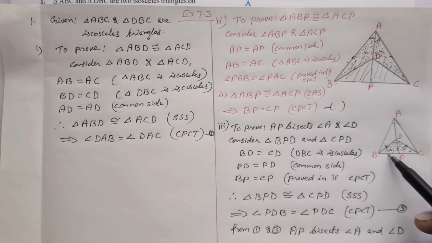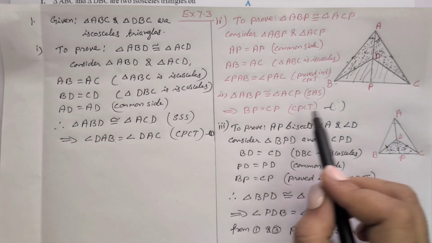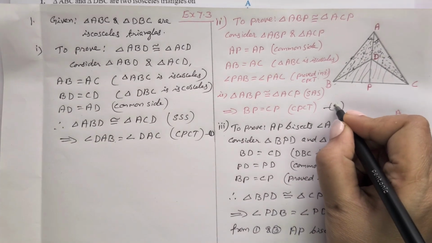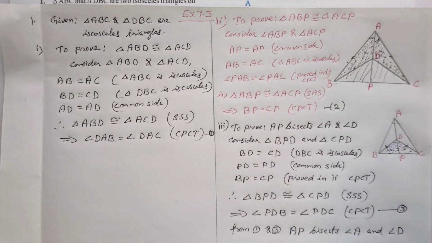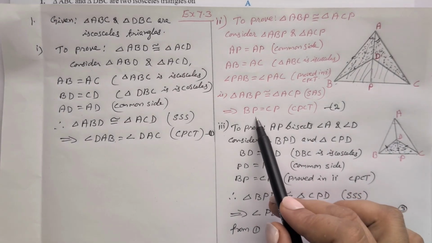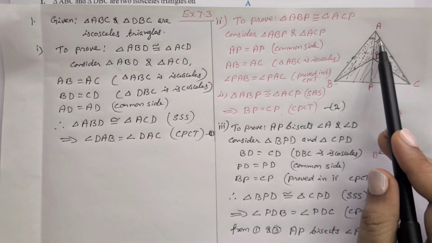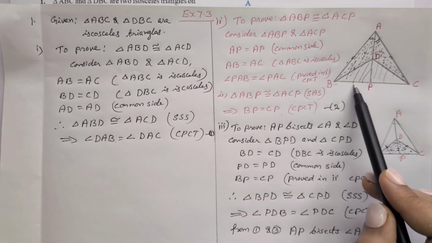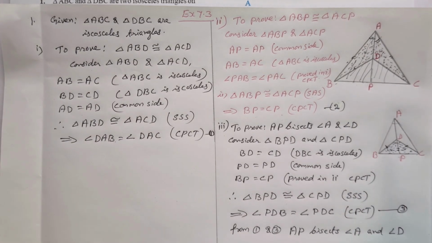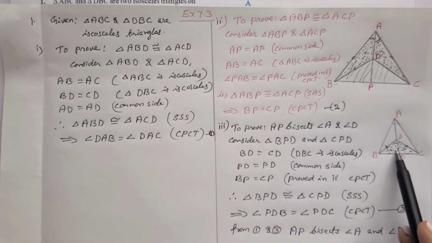Then BP is equal to CP. This already we proved in the second part, so we can mark that as equation number 2. Already proved in second part and CPCT of that. We proved these two triangles are congruent, so the corresponding parts BP is equal to CP. That here we are using. So all three sides are equal.